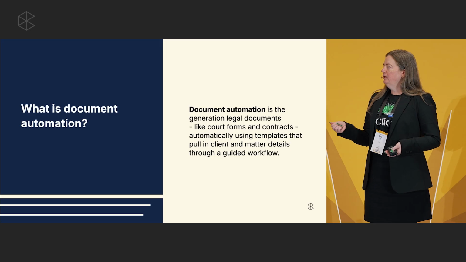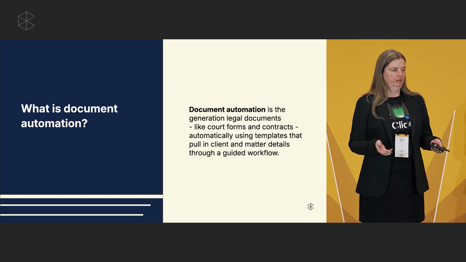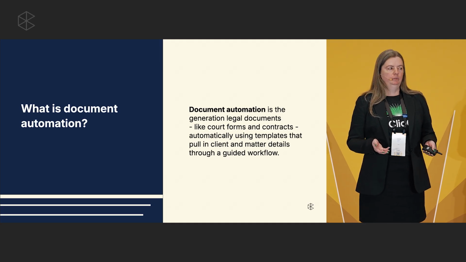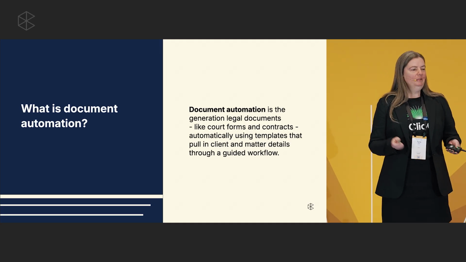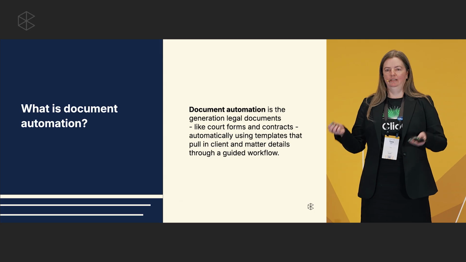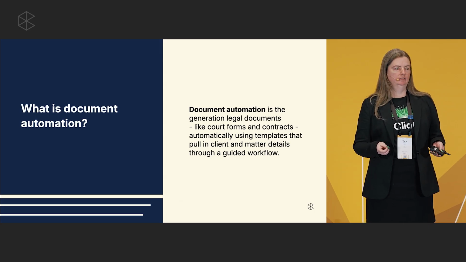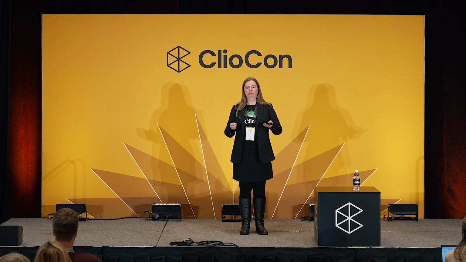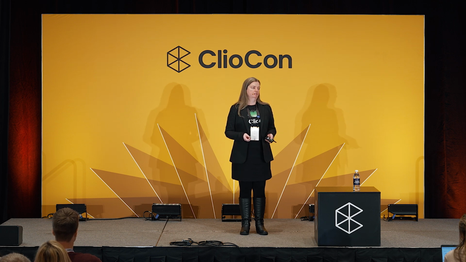So document automation is essentially taking a document that you're going to use time and time again and adding fields to it so that you can auto-magically, as I'd like to say, pull in client and matter information into those fields and speed up that document creation process. It's not going to replace the need for you to proofread that, for you to review it, tweak it here and there, but it is going to get you a solid first draft. Okay?